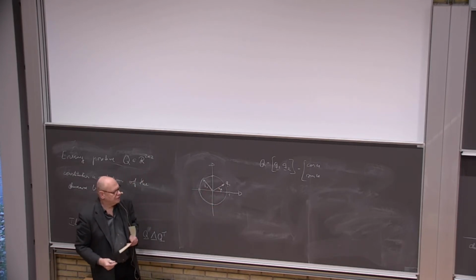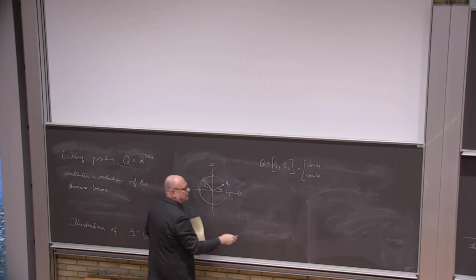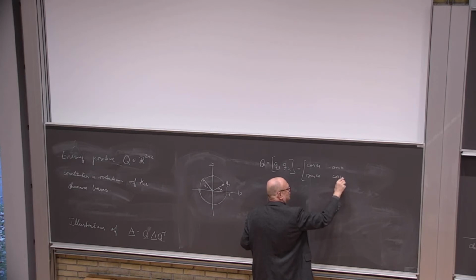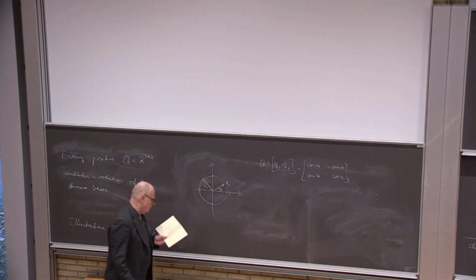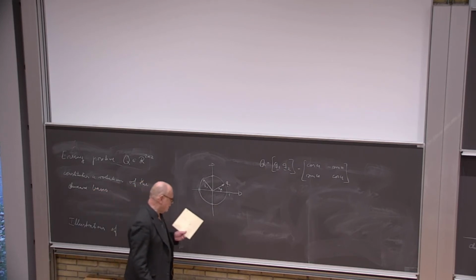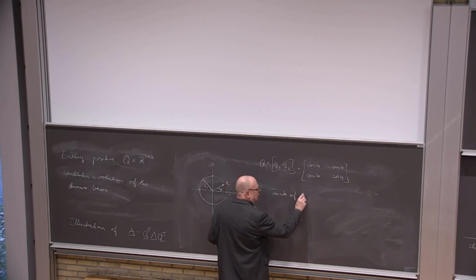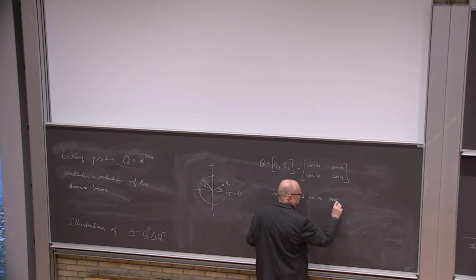And now for Q2, remember you could take the perpendicular vector, and that would be minus sine u, cosine u. What I'm going to do now is think of Q as a mapping matrix.